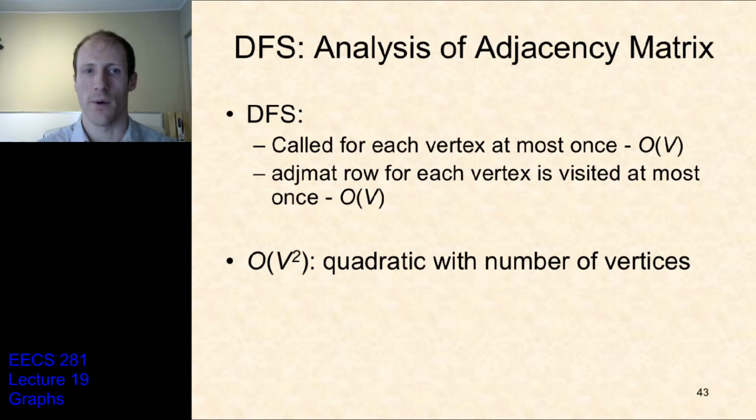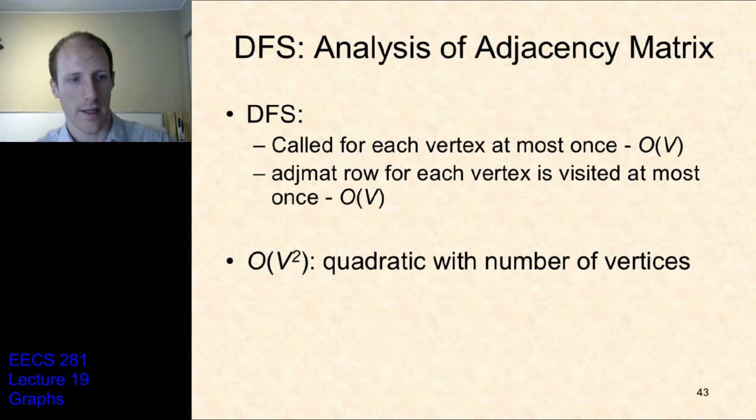In order to do that, we're going to have to walk along that entire row of the adjacency matrix. And that's going to take on the order of V steps, because our adjacency matrix is V by V, so a row has length V. Multiplying these two terms together, we're going to get that the complexity of DFS on an adjacency matrix representation is worse, right? It's on the order of V squared.